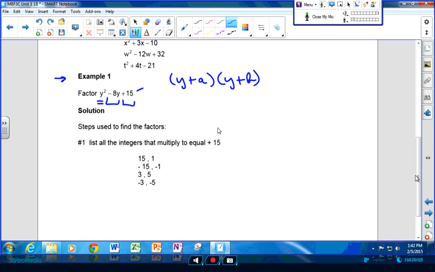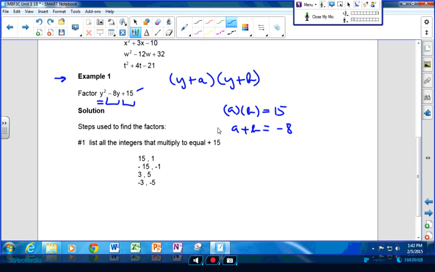And the game that we play when we're factoring one of these expressions is to try and figure out what the a and the b value is. Okay. Basically, in our case, a times b is equal to 15. Okay. And a plus b has got to be equal to -8.